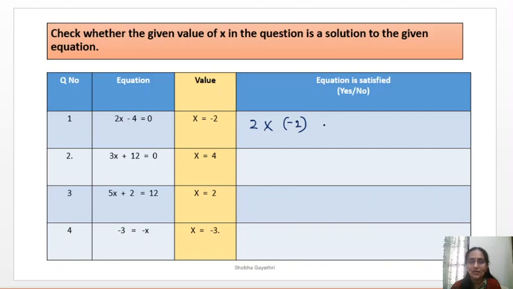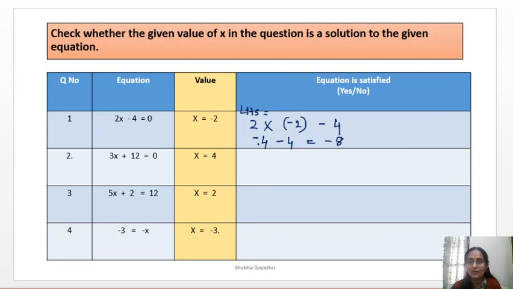We will not write the multiplication sign. 2x minus 4. We will take only the LHS. So what is the value here? 2 into minus 2. You know the rules of integers for all the operations. 2 into minus 2 is minus 4. LHS, you will get minus 8.